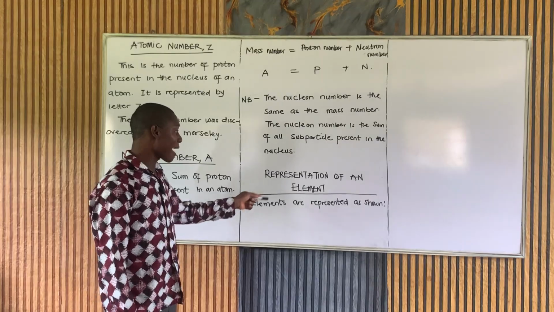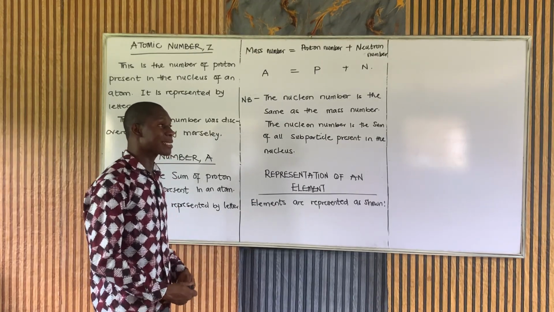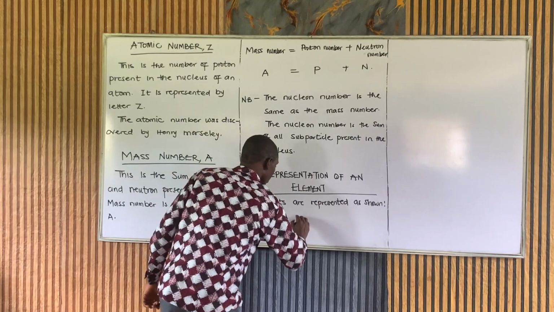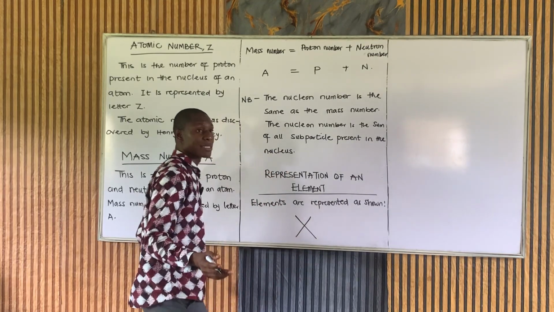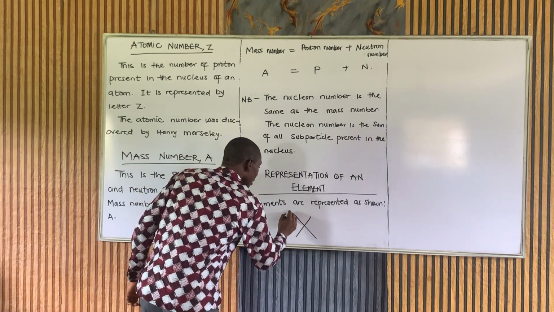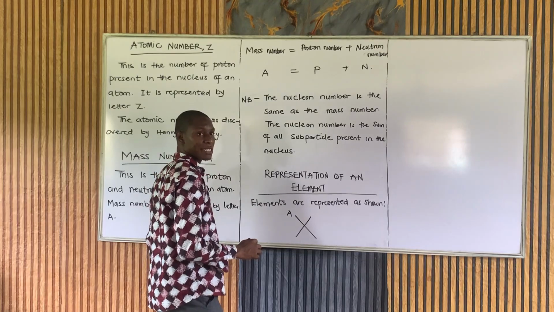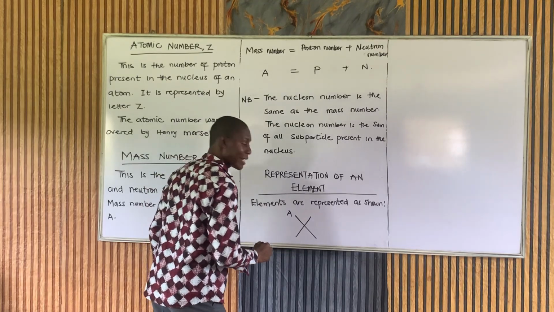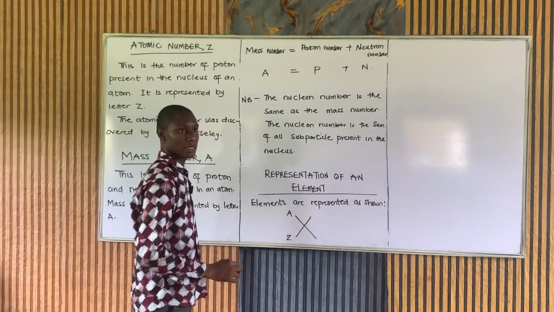So let's look at the representation of an element. An element can be represented as shown. Here I'm using X to indicate any element. The mass number is always written here as a superscript, while the atomic number is written beneath as a subscript.